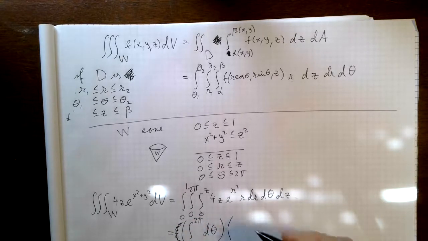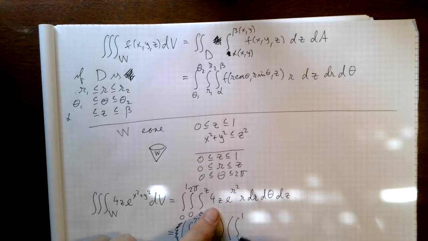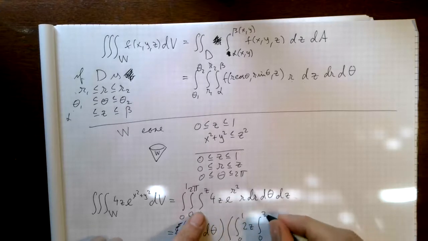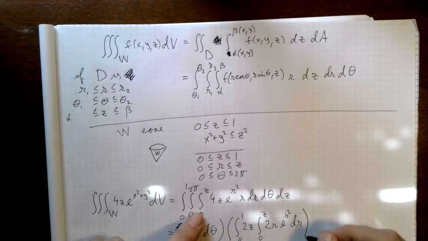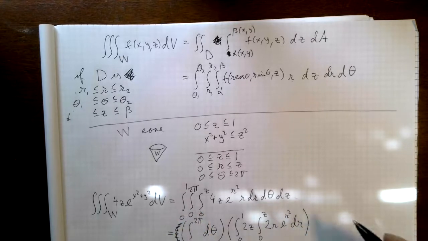Now I cannot split these apart just yet. Let me write it as the integral of 2z, and then an integral from 0 to z of 2r e to the r squared dr, dz.